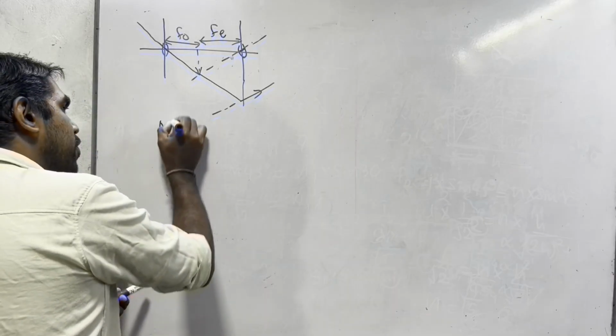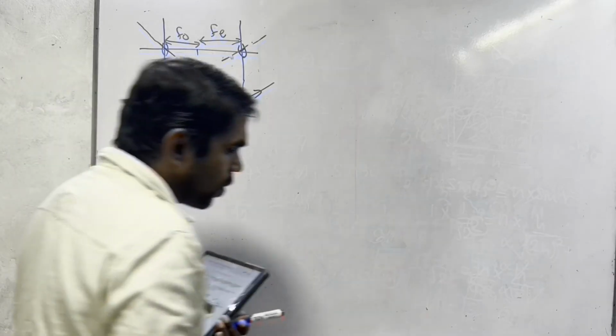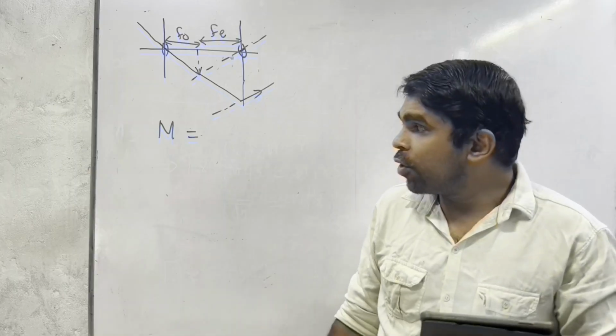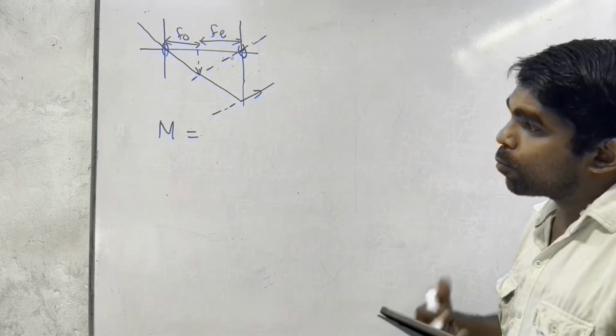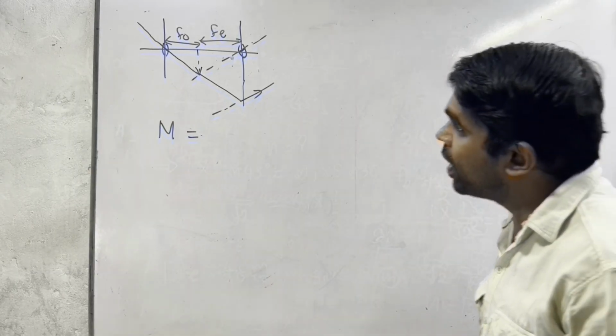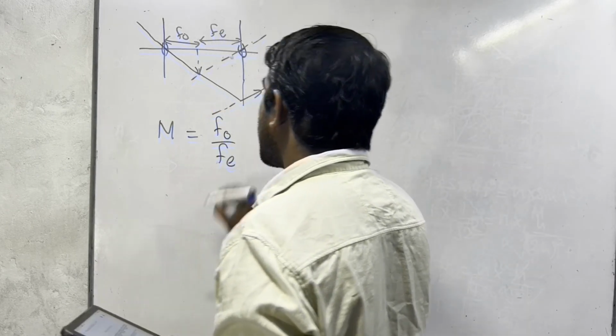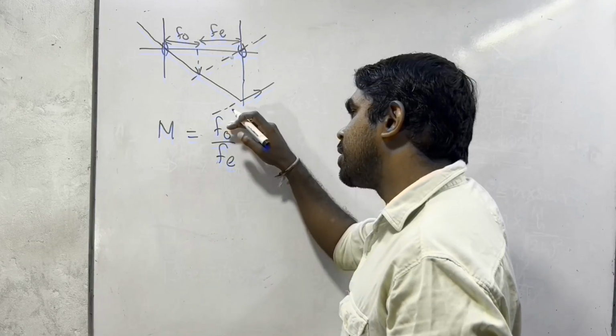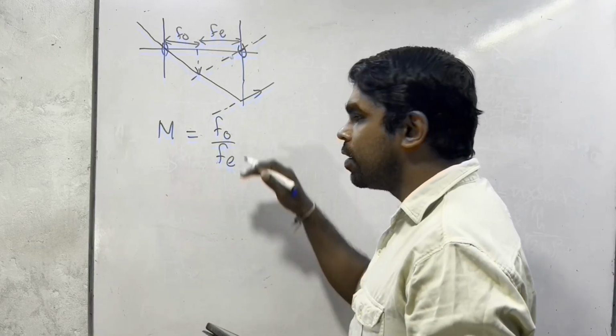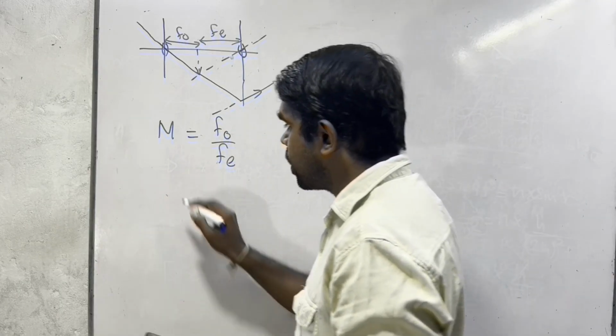And we know that the angular magnification of an astronomical telescope should be equal to Fo over Fe for the normal adjustment. Focal length of the objective lens divided by the focal length of the eyepiece lens.